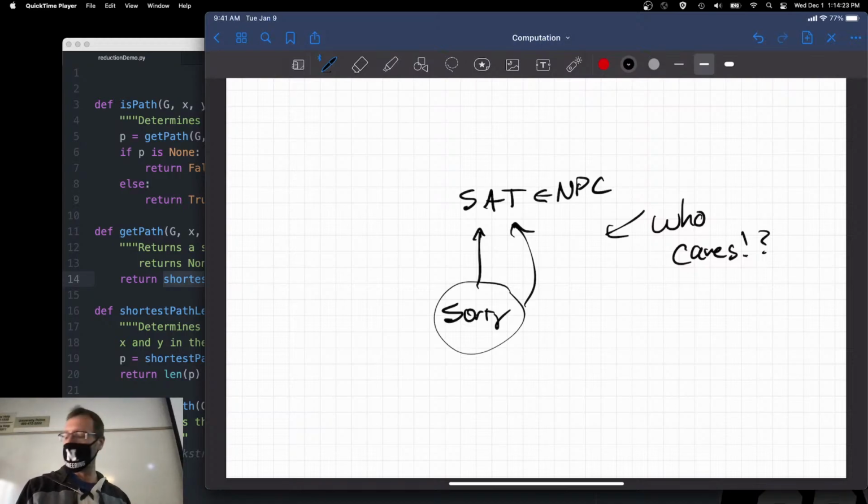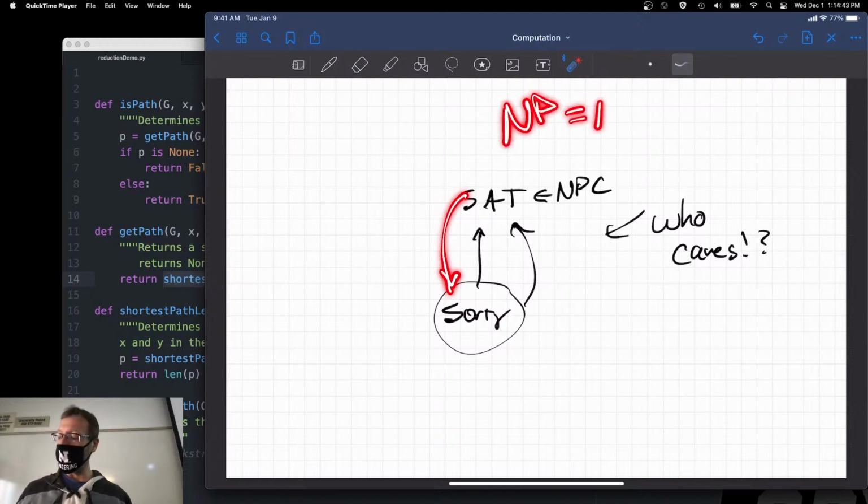So, that means that there's a polynomial way of translating the inputs of the sorting algorithm into translations of SAT problems? Nope, that would go the other way. You're translating instances of SAT down to sorting. If you did that, you just showed that P and NP are the same.